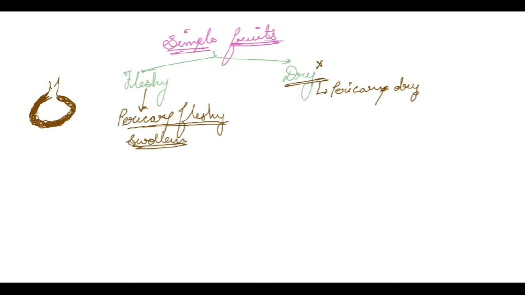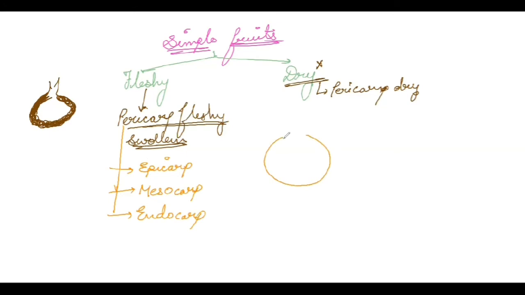Now, this pericarp is further classified into three parts: epicarp, then mesocarp, and the last one is endocarp. Clear? So, if this is the ovary wall, or now as it has formed the fruit, I'll call it the pericarp. This complete part is pericarp.